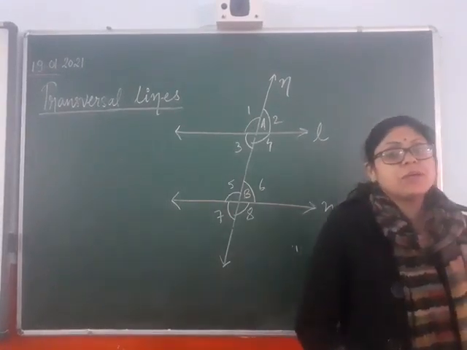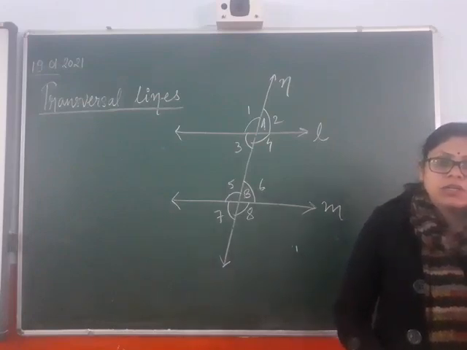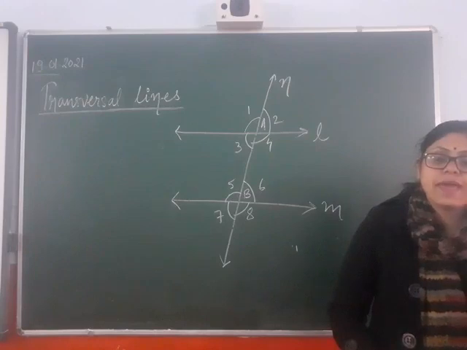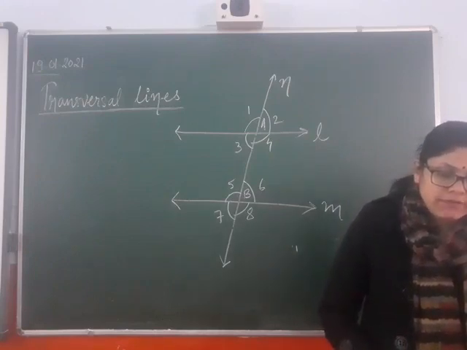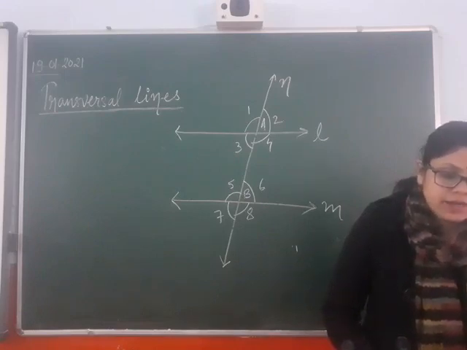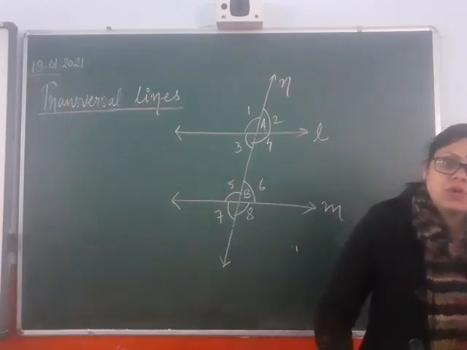Now, some important results are there, that is, what are the interior alternate angles, what are the exterior alternate angles, and then you will study 4 pairs of corresponding angles, what are the corresponding angles, and 2 pairs of co-interior angles.